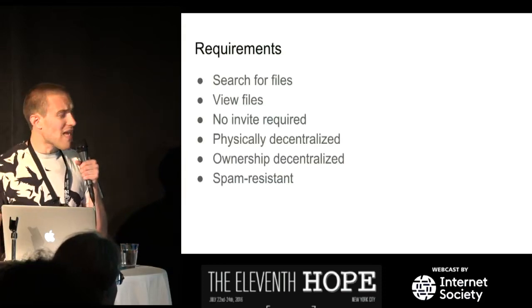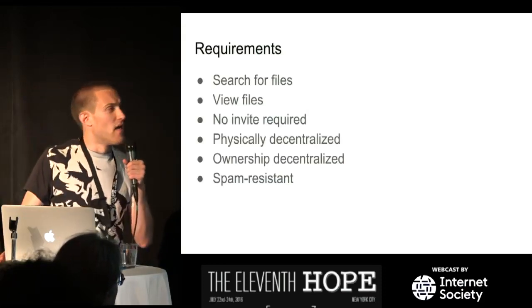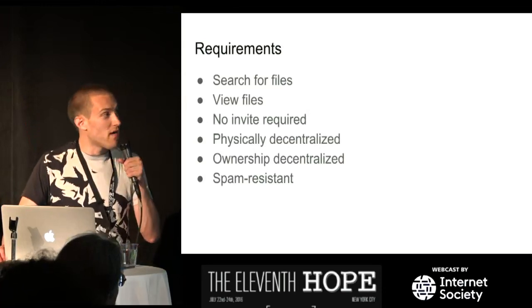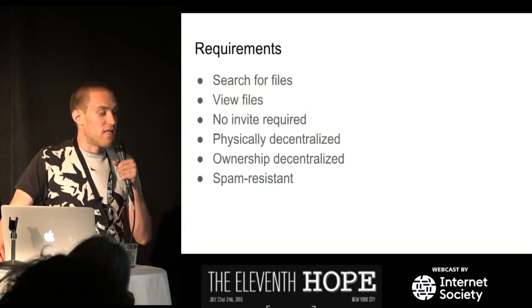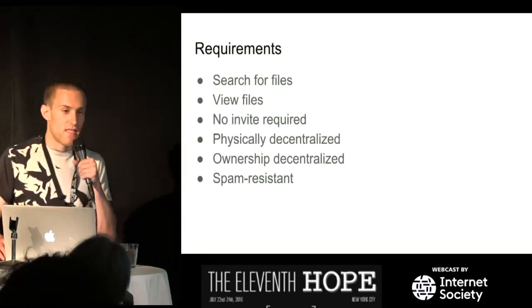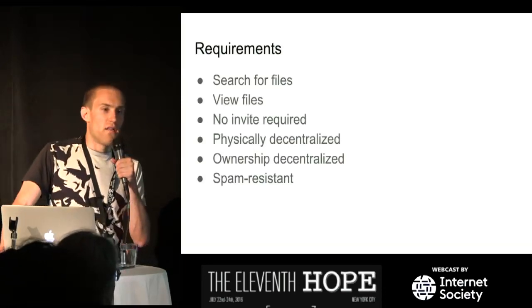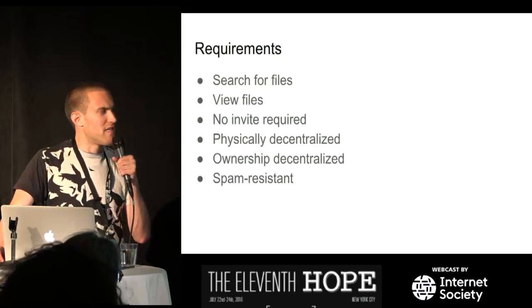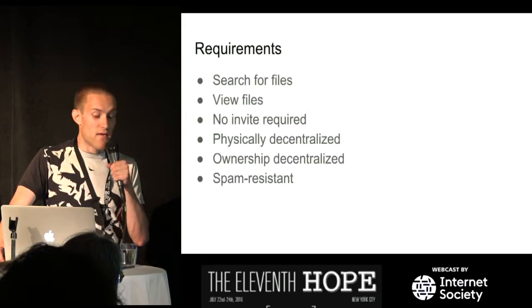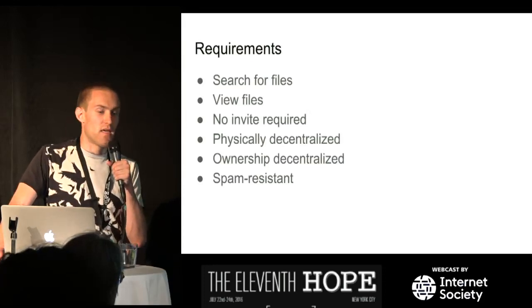Another thing, there's no invite required. The network's already physically decentralized because Bitcoin's physically decentralized, and the only real way I'm connecting computers together is in a swarm. And also the ownership is decentralized.